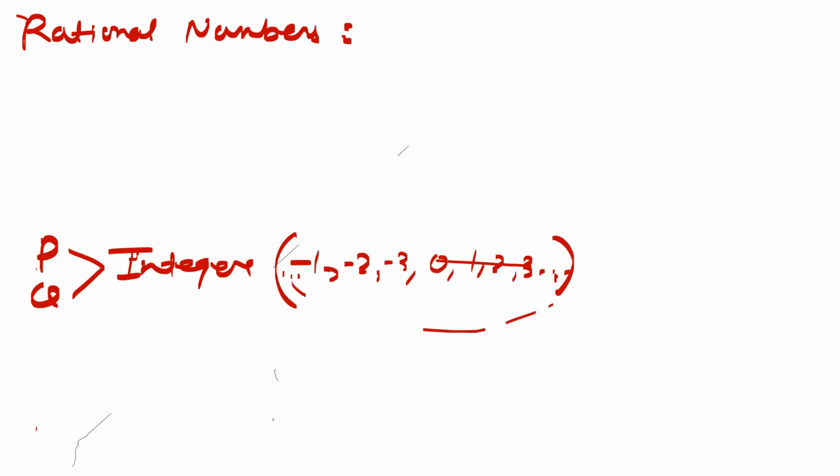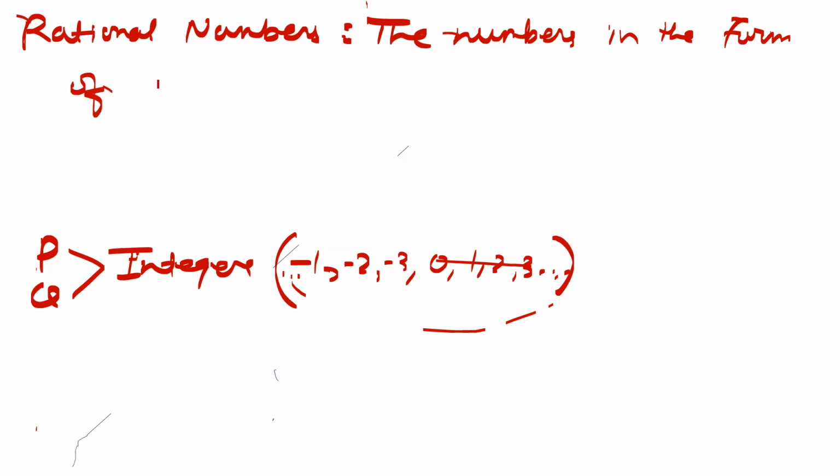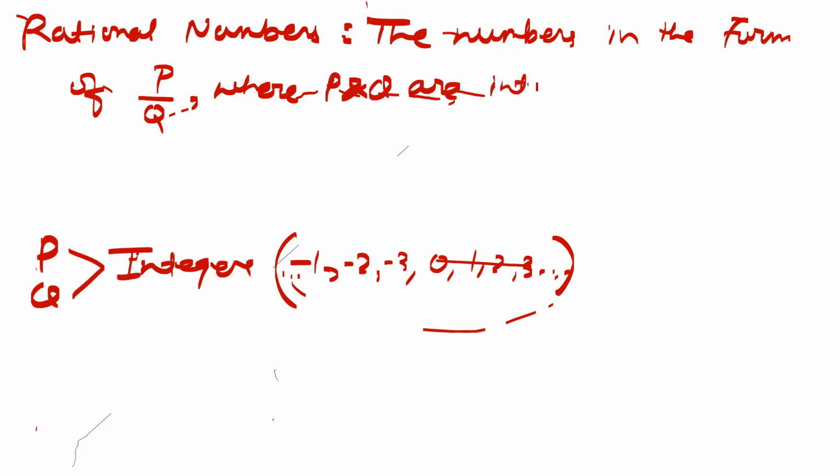All right. So rational numbers are numbers in the form of fraction p upon q, where p and q are integers. And q should not be equal to 0.